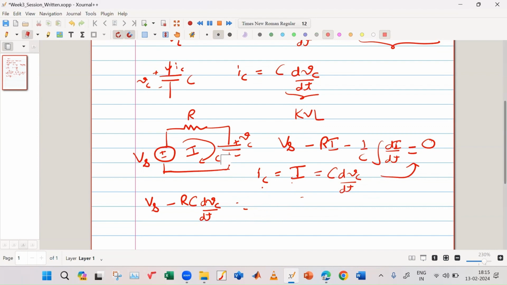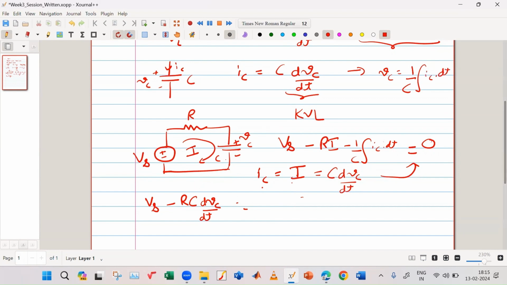This is actually 1 by C integration of IC into dt, because the voltage across the capacitor can be written as 1 by C integration of IC into dt.